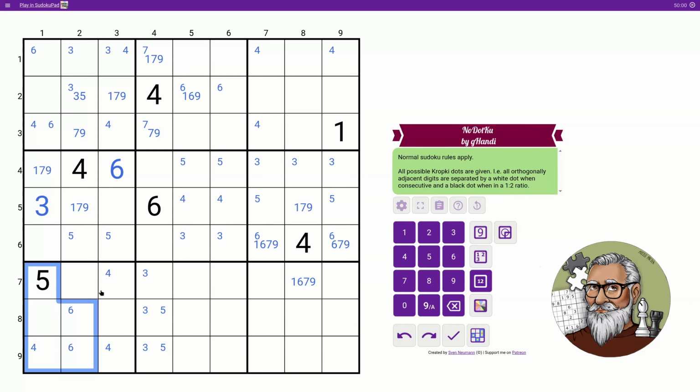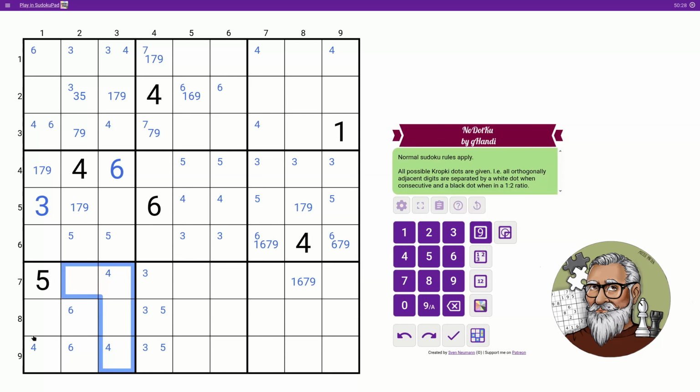Hold on. This can't be 3. These aren't 3. So one of these is 3, right? One of these is 3. This could be 3 still. Okay.